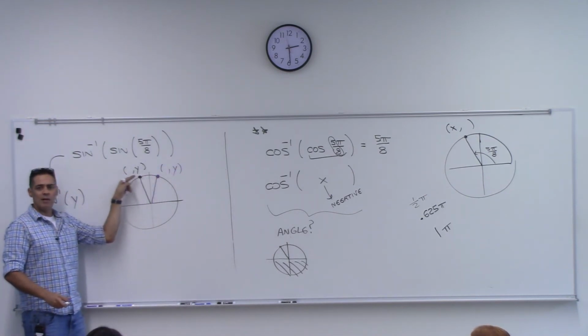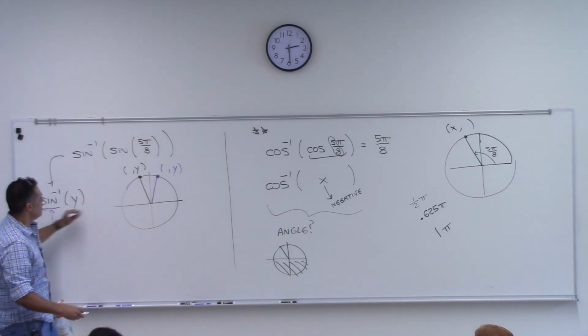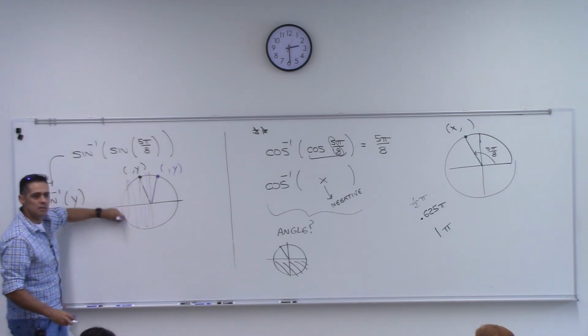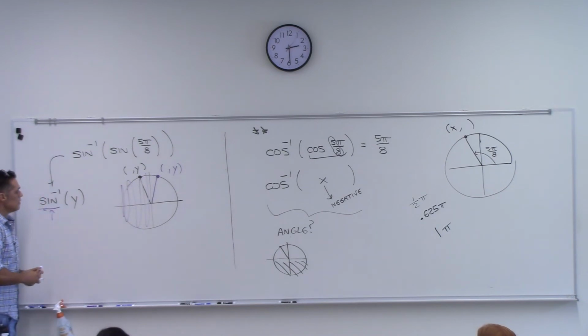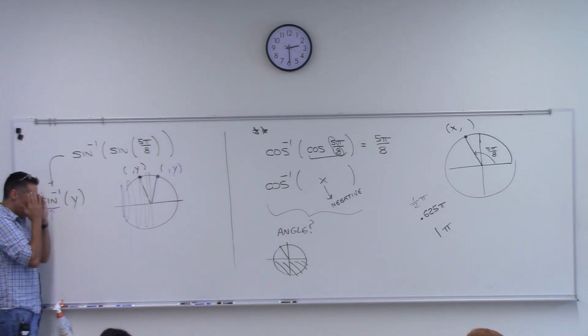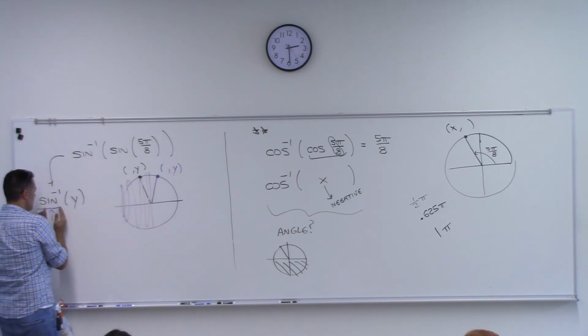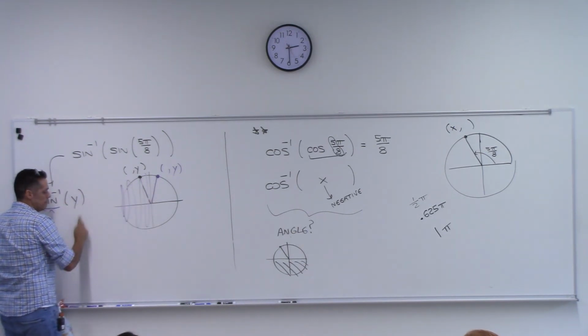These two have the same y coordinate. See, because when I'm looking at this problem, sine inverse, I'm not allowed over here. Yeah? What this question is asking is, at what angle between negative pi over 2 and pi over 2 do I get that y coordinate?